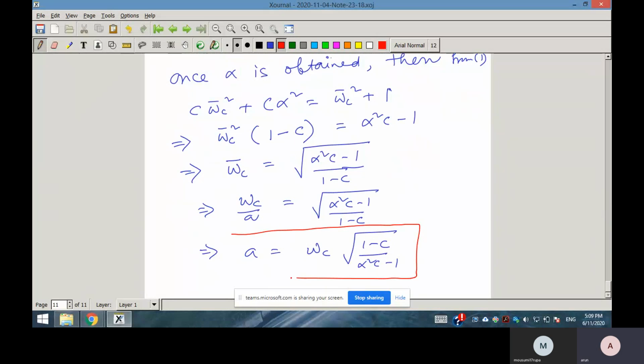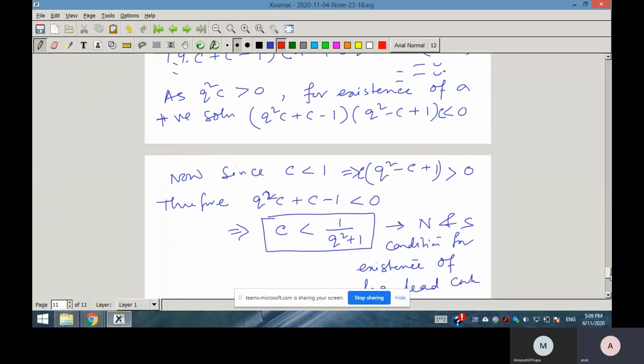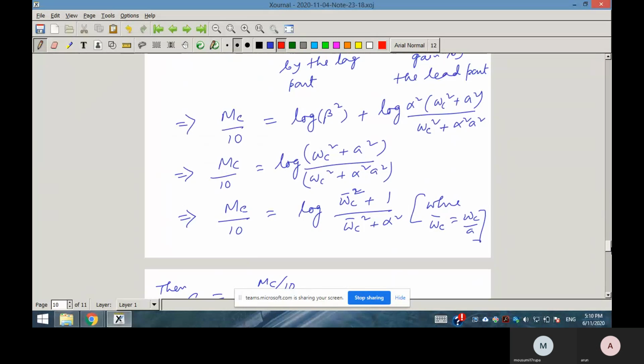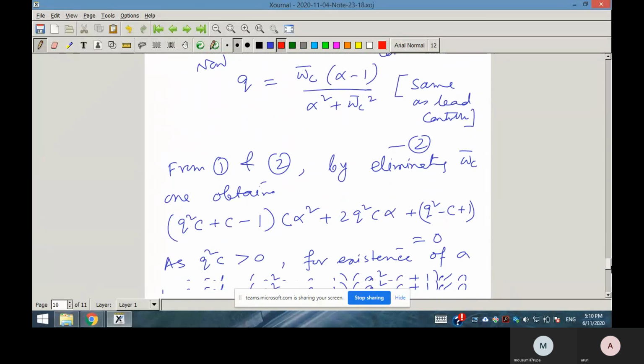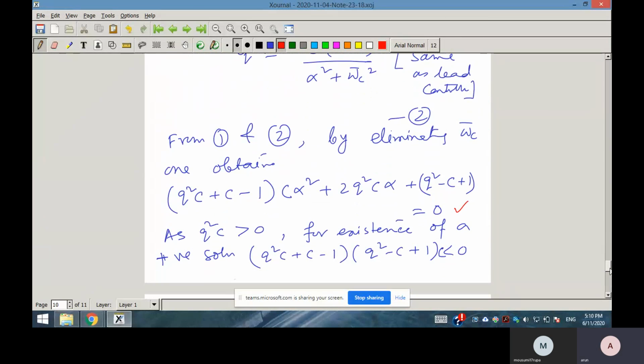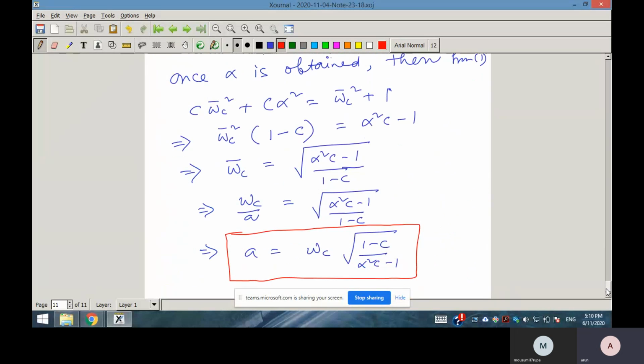So that means once you get alpha by solving that second order equation, you can obtain this A. That means the lead part. Once you get A, the parameters of the lead part, alpha and A, you can find out like this. Now about the lag part.